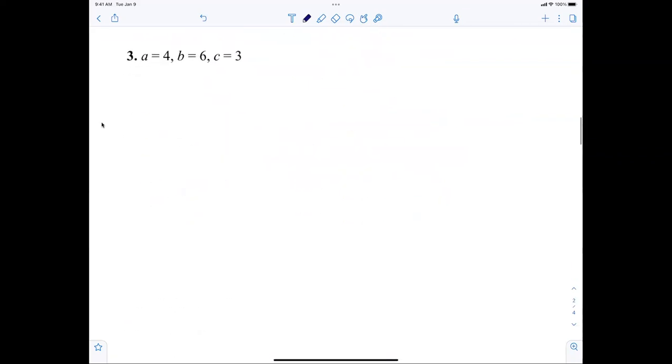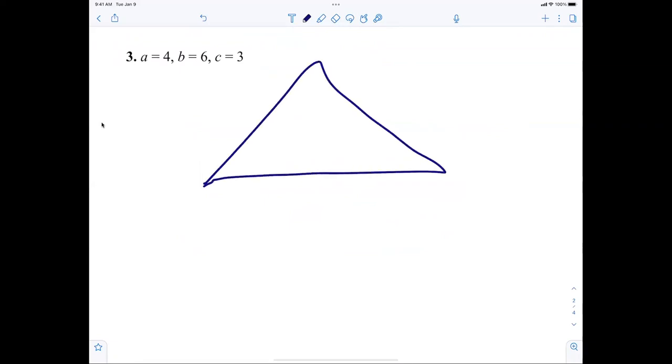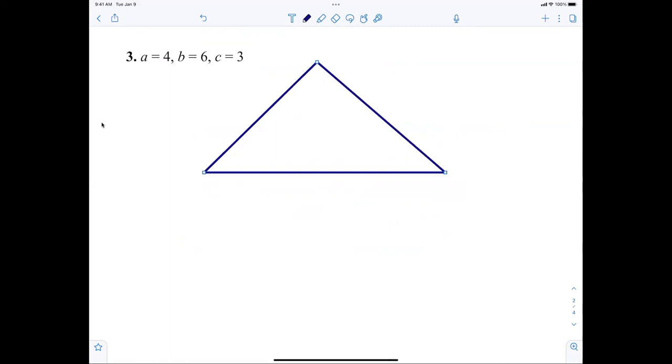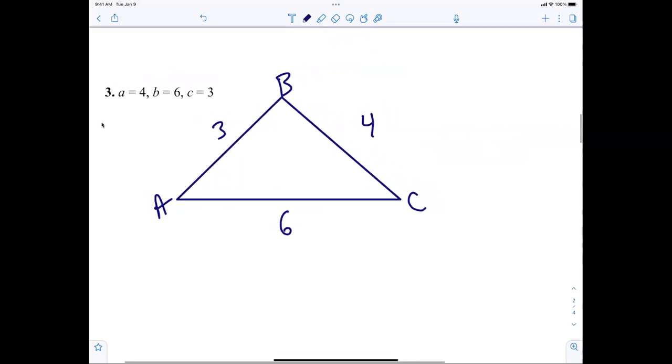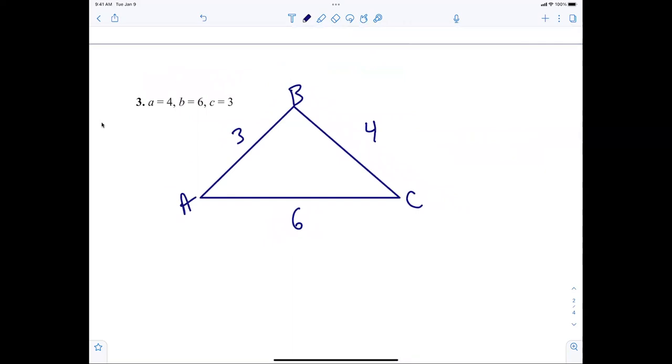All right, everybody draw number 3. A, B, and C. 6, 4, and 3. Okay, this is something you've got to pay attention to. Everybody's got to listen to me.